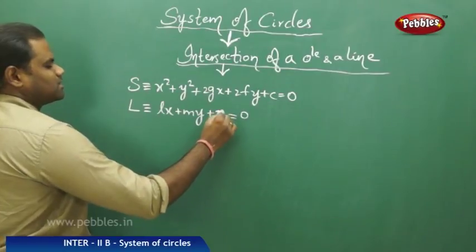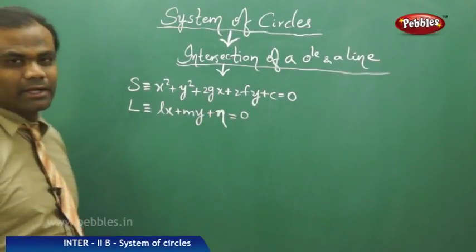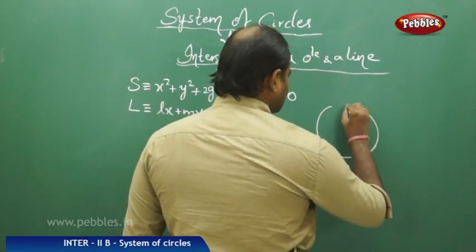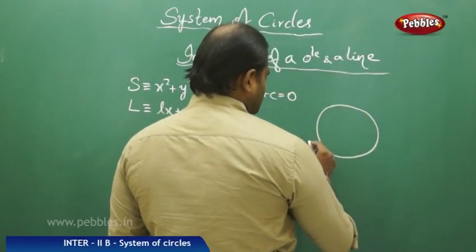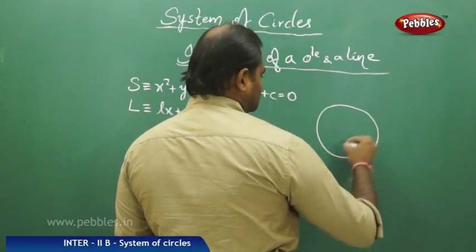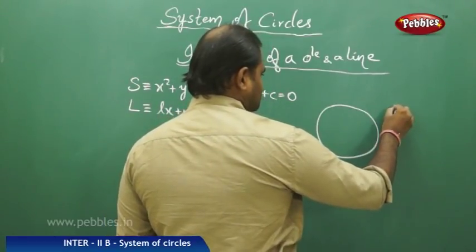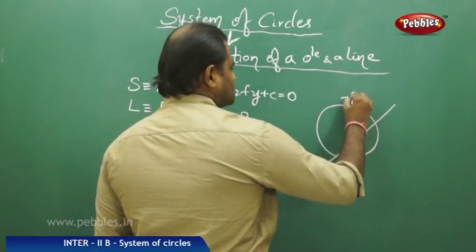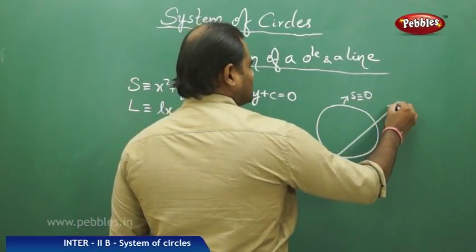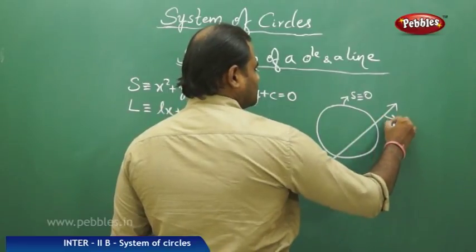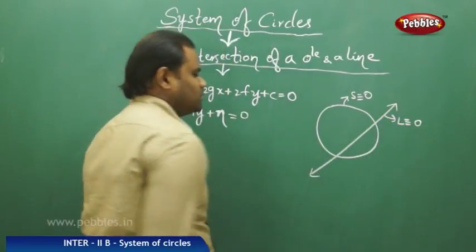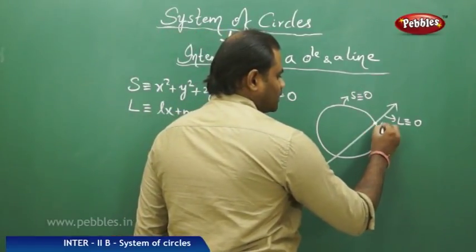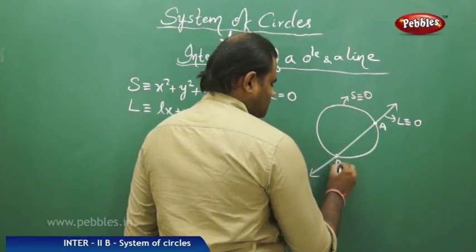Now with this basic information of a circle and a line, if I say that there is a circle and there is a line which intersects the circle at here, so this is the circle and this is the line which intersects at 2 points, say A and B.